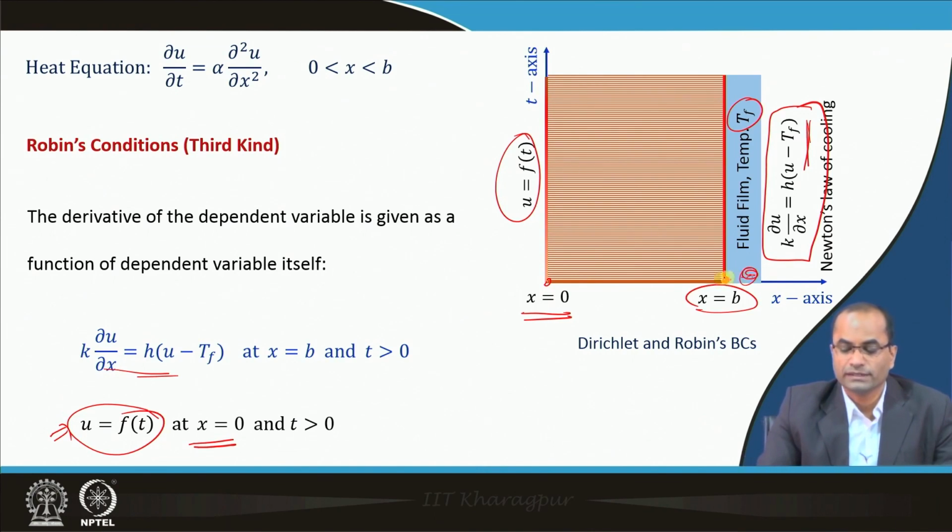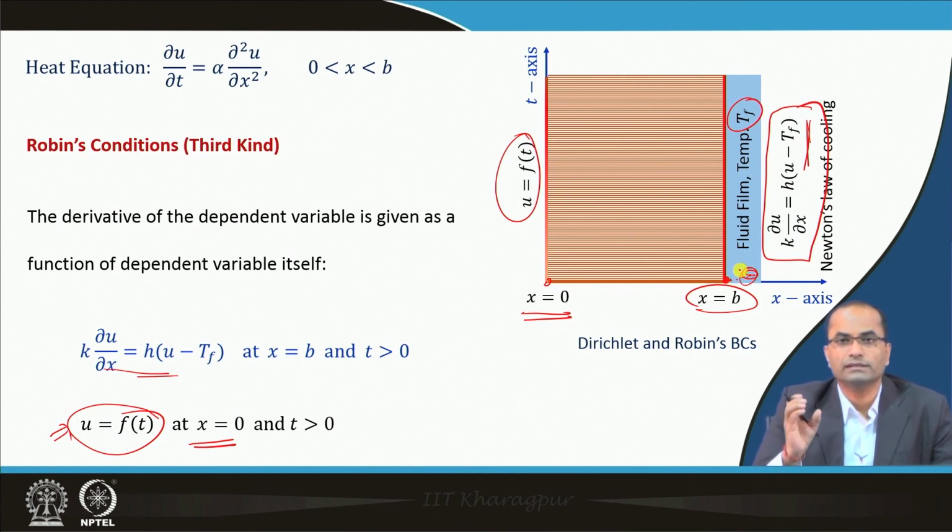So, there is a difference in the temperature at this end. In the earlier problem, this end was kept insulated, but now it is kept in this fluid whose temperature is T f. Then there will be energy flow, a flux here: the heat will go either from the fluid to the bar or from the bar to the fluid, depending on whose temperature is higher.